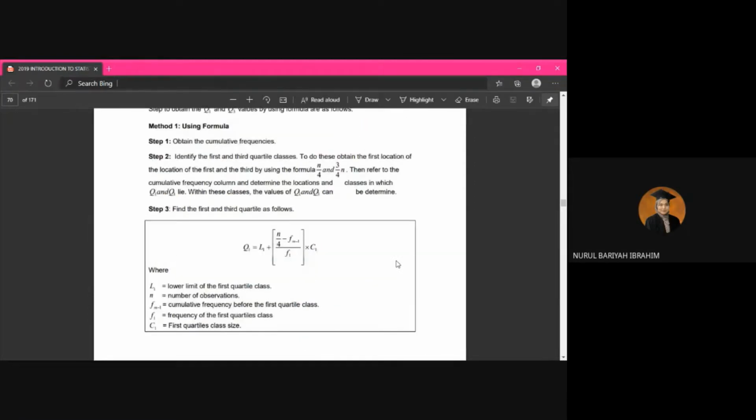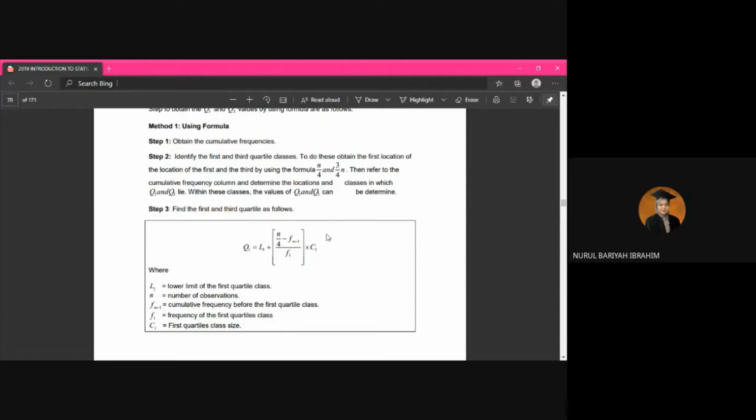So like I said just now, in grouped data we have the table with the classes column and the frequency column. In order to use the formula, you need to create another column, which is the cumulative frequency column. Why?